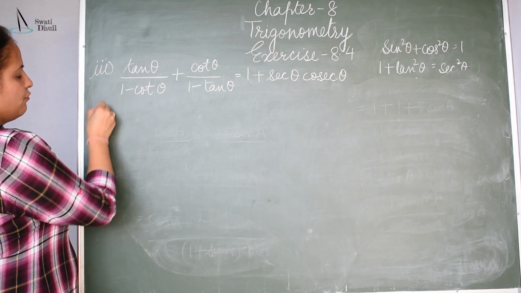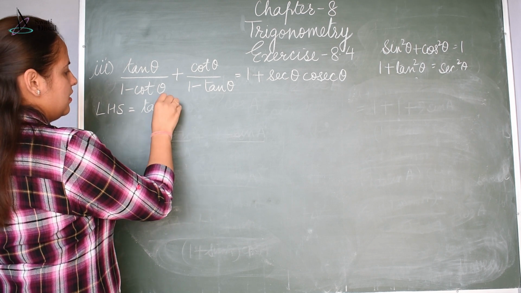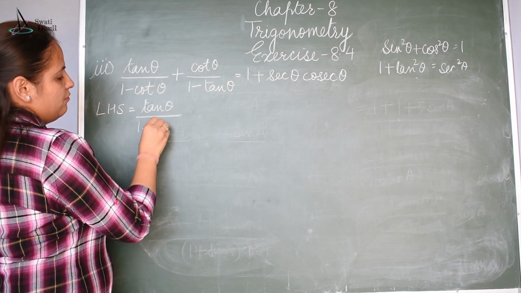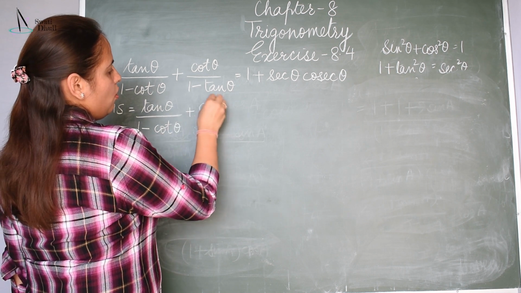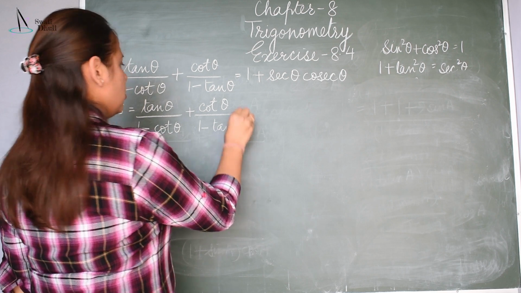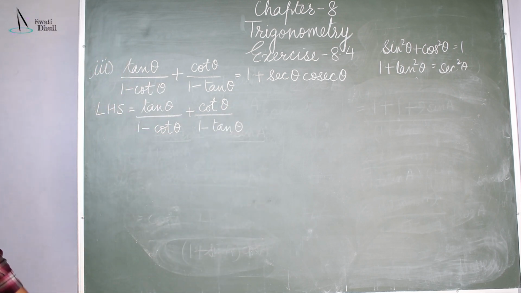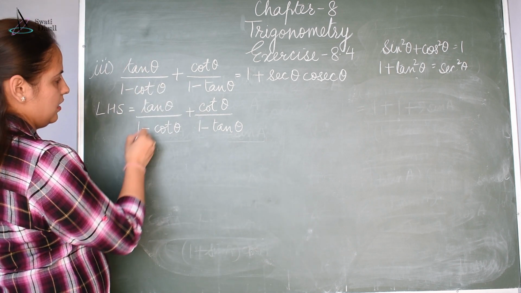See, first you have to take the left hand side, that is tan theta divided by 1 minus cot theta, plus cot theta upon 1 minus tan theta. So what I have to do is convert it into sine and cos functions.